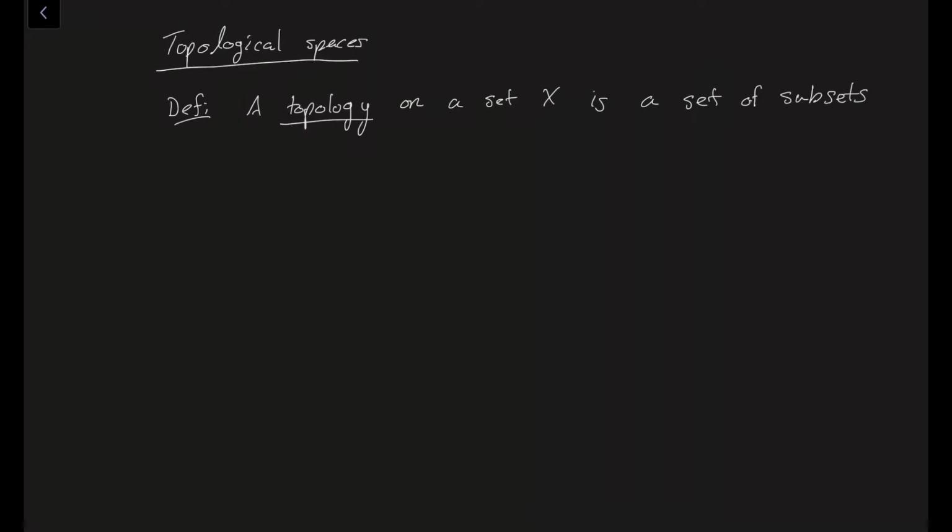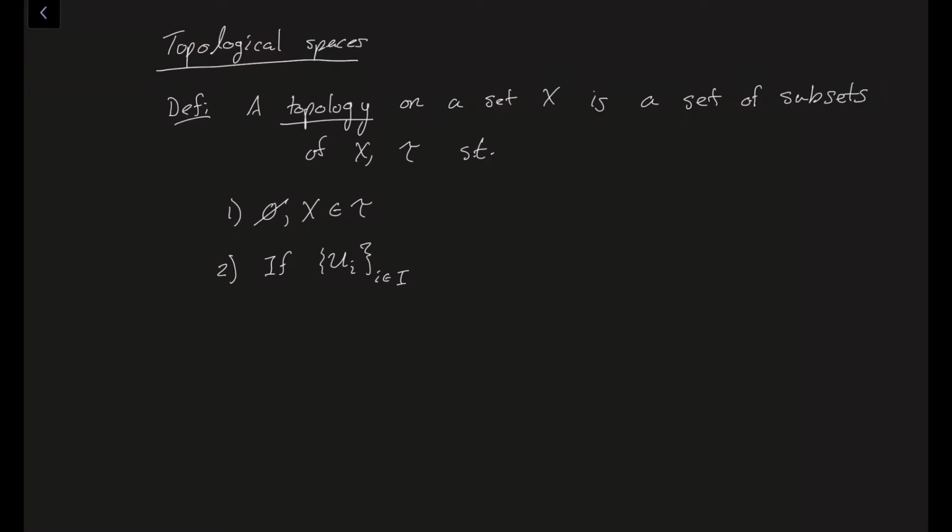So a topology on a set X is a collection. I wrote set, but a collection is a little bit better because sometimes you can have sets that are so big that they're not actually sets anymore. So we have a collection of subsets of X with the following three properties.